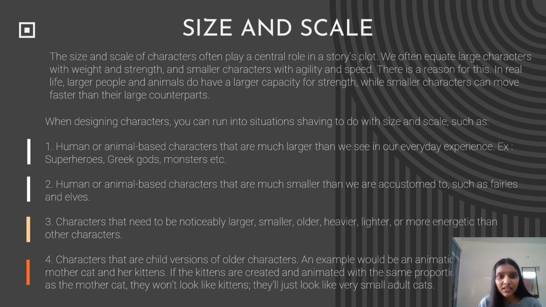Third, characters that need to be noticeably larger, smaller, older, heavier, lighter, or more energetic than other characters. Fourth, characters that are child versions of older characters, for example, an animation featuring a mother and her kittens. If the kittens are created and animated with the same proportions and timing as the mother cat, they wouldn't look like kittens. They'll just look like very small adult cats.